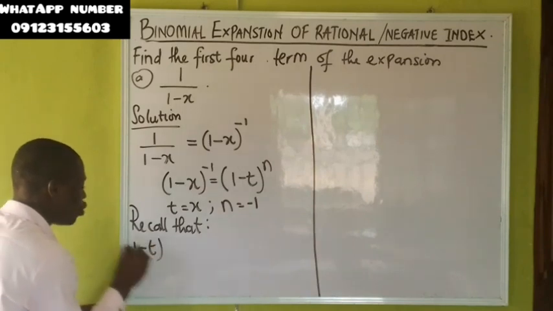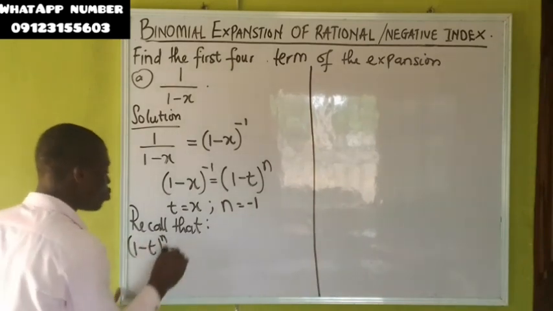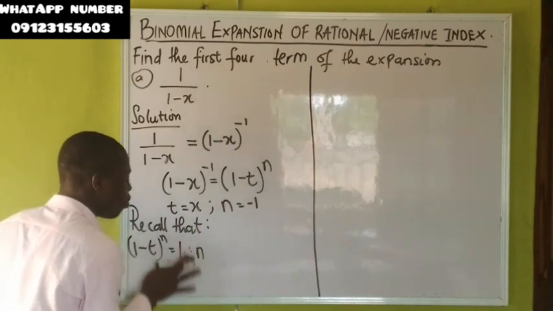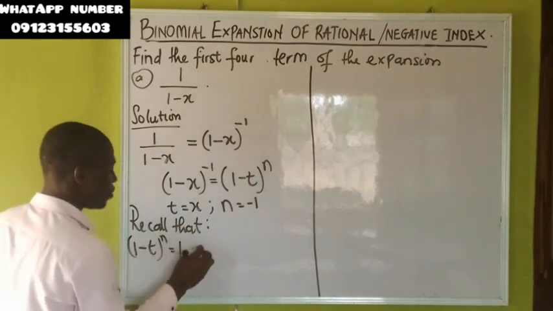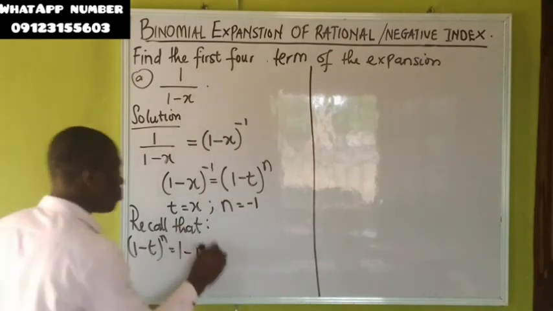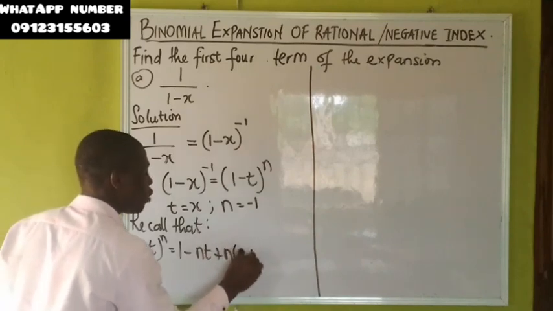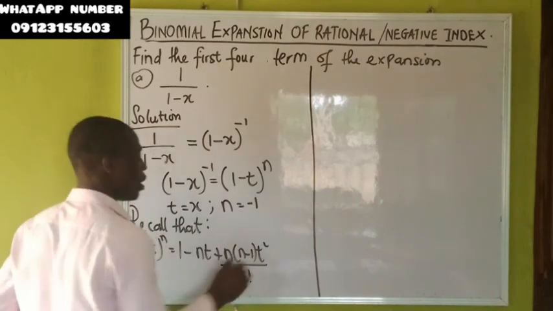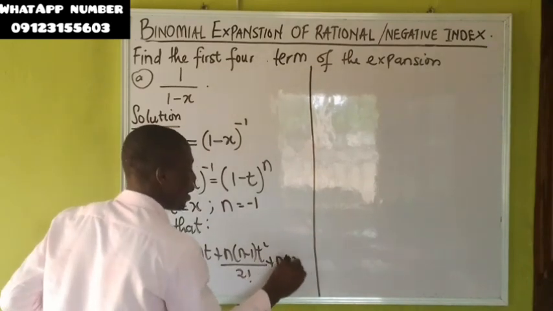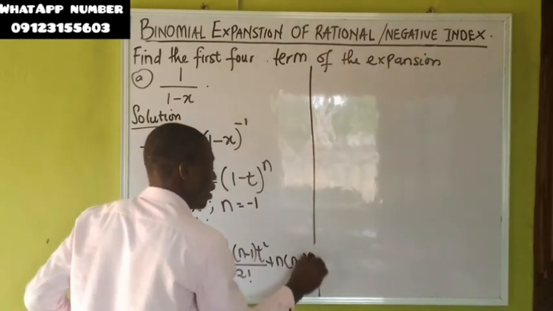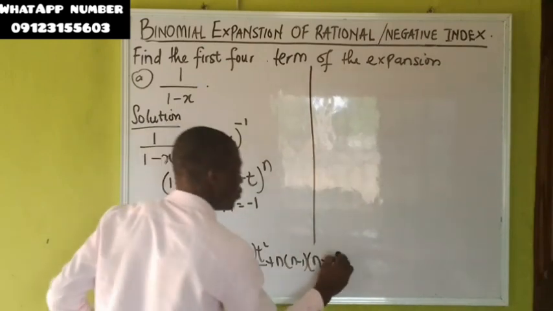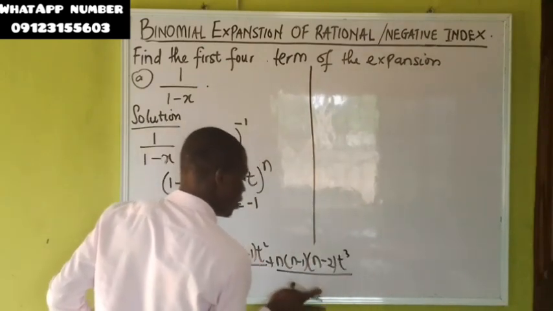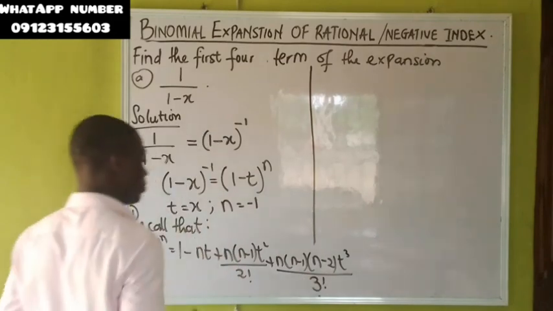1 minus t to the power of n is equal to 1 plus n1 minus nt plus n into n minus 1 t squared over 2 factorial plus n into n minus 1 into n minus 2 t cubed over 3 factorial.